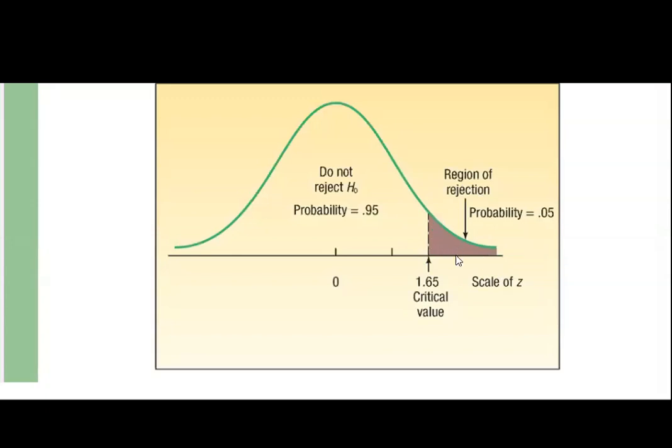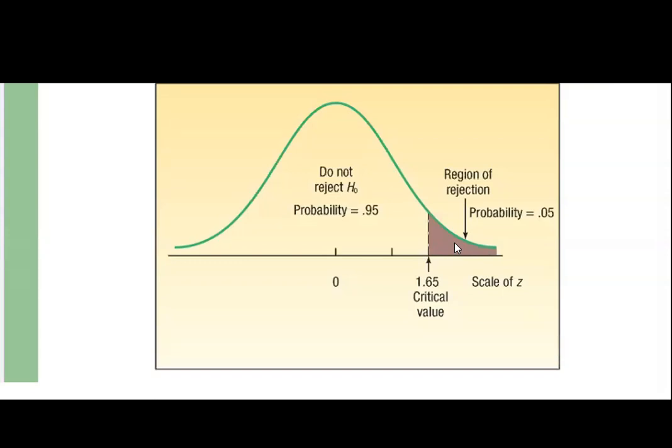So if you have one tail, it could be right or left. Left is normally for words like less than, lower than, slower than. Right is normally for higher than, faster than, better than, right? So if those words exist in the hypothesis, that's one tail.